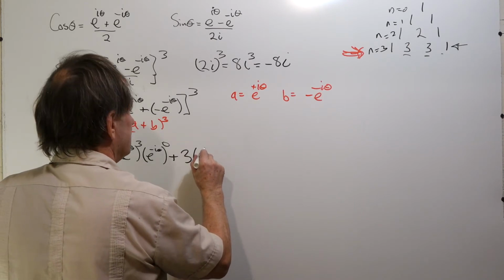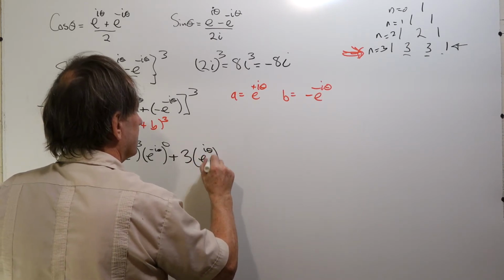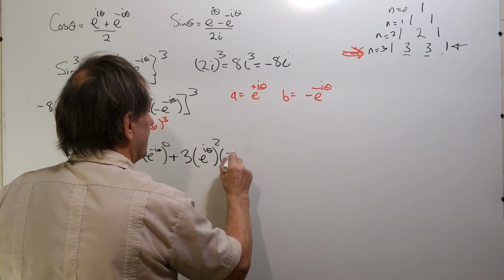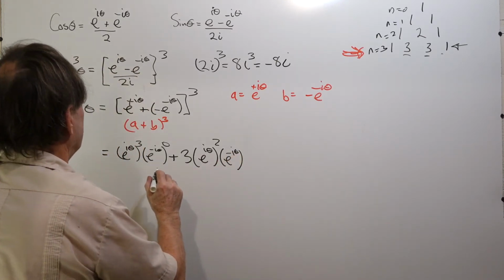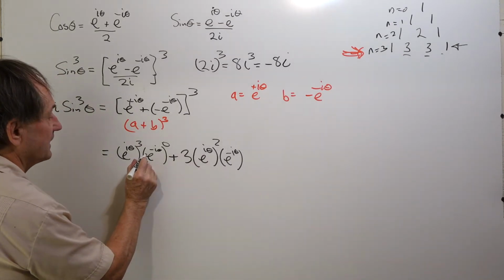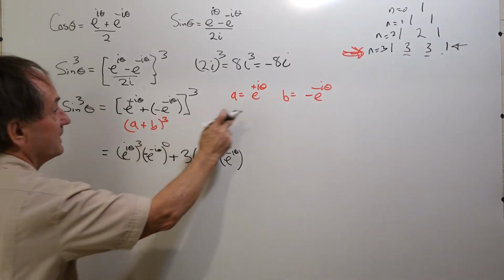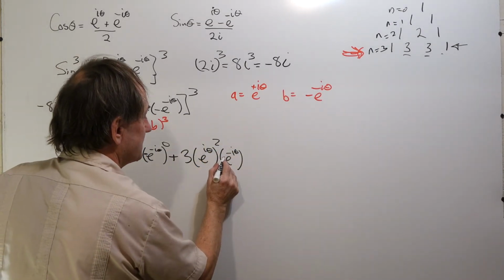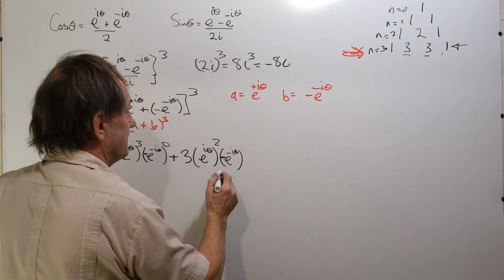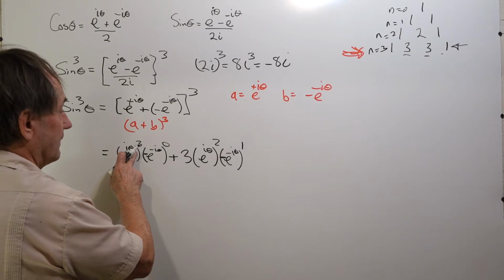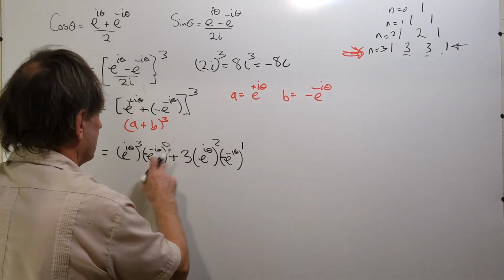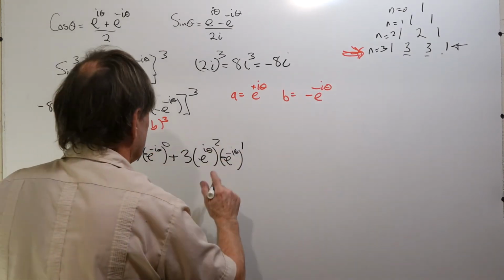So this is e to the i theta squared, and our b is minus e to the minus i theta, so we have a minus sign there, e to the minus i theta. We raise it a power. Remember, the a's decrement as the b's increment in power.